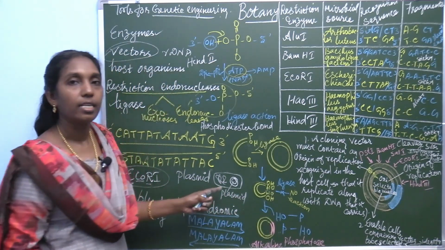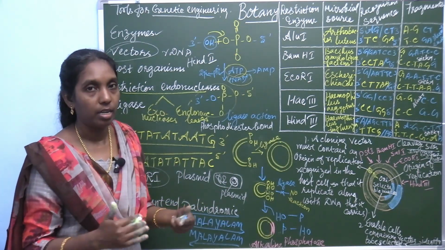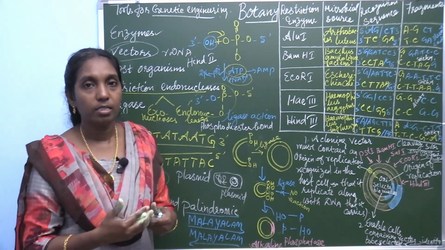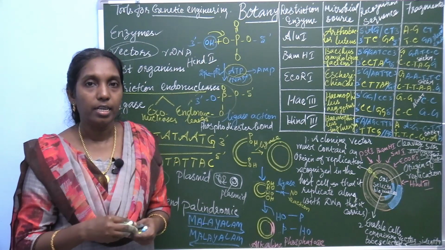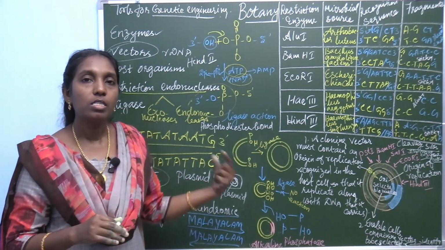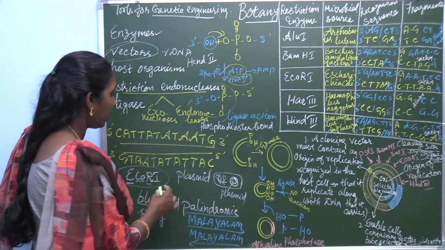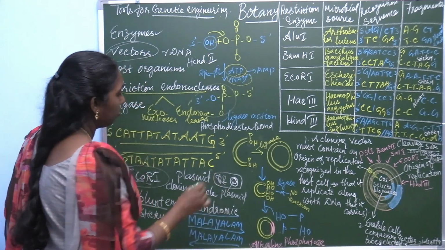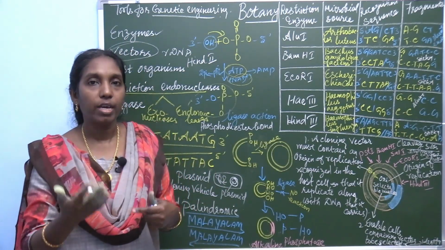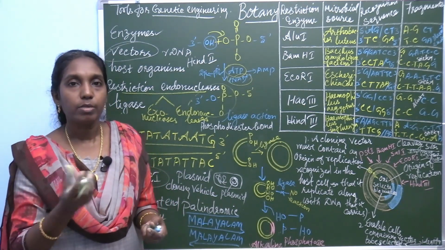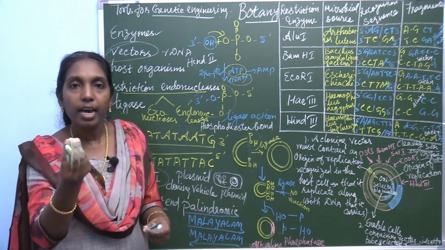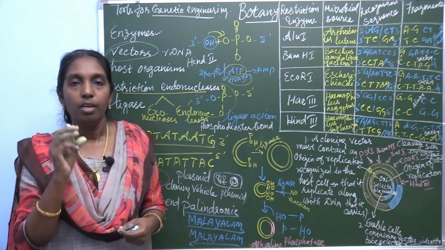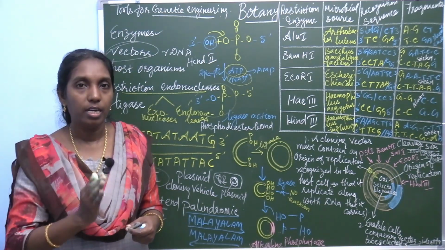This plasmid, present in bacteria as extrachromosomal DNA, is very much used as a vector for cloning foreign DNA. These vectors are otherwise called cloning vehicles. It can carry the DNA fragment, the desired gene which is isolated from a particular DNA sequence.